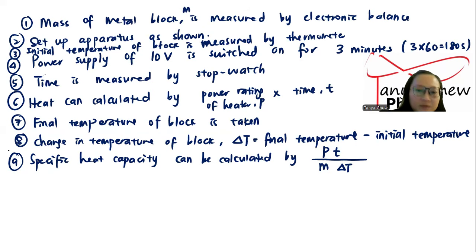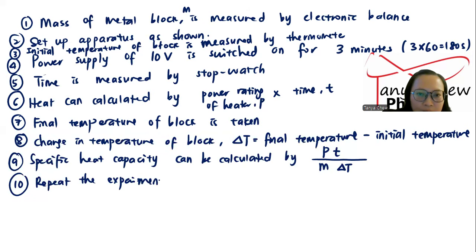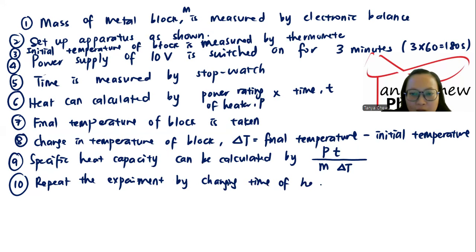So you can calculate. And then if you want it to be more accurate, repeat the experiment by changing the time of heating, right? Why we want to repeat? Because we want to minus the heat that is lost to the surrounding, right?